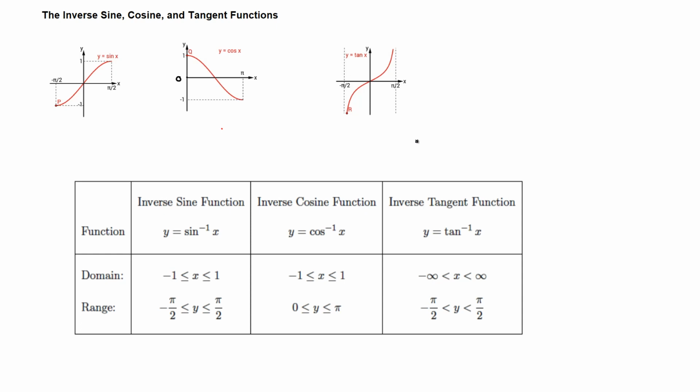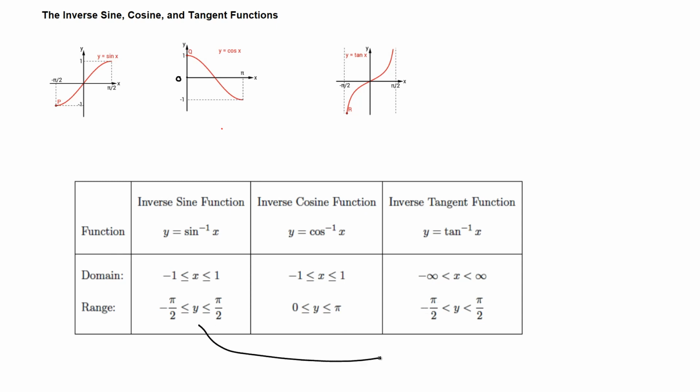That means we do have an inverse, and we denote that by y equals tangent inverse x, where x is any number. Okay, x can be any number, negative infinity through infinity, and the y, the output, should be in between negative pi over 2 and pi over 2.